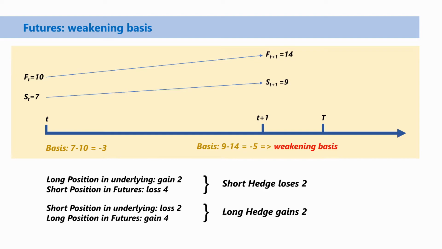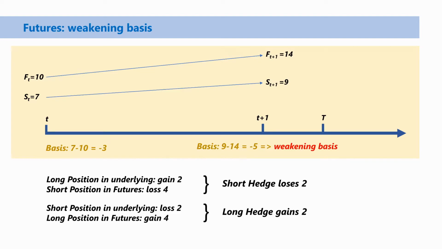The basis now is -5. A trader in a short hedge is long in the underlying and short in the futures. His long position in the underlying gains 2, but his short position in the futures suffers. He loses 4. Overall, he will lose 2. The trader short in the underlying is long in the futures.